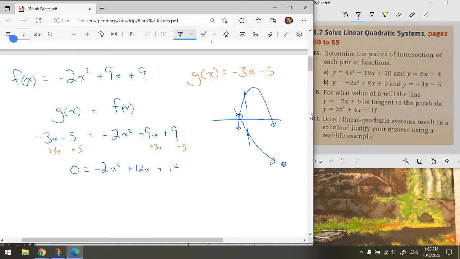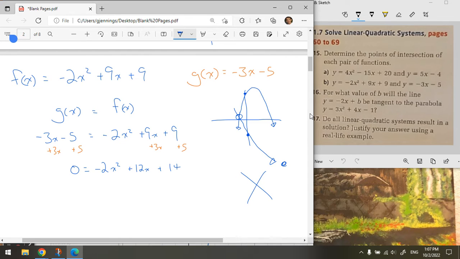Will this factor? Well, let's see. We want to be able to multiply to negative 28 and add to positive 12. Yeah, gosh, we can do that. We can do that with 14 and negative 2. Okay, 14 and negative 2 will do it.